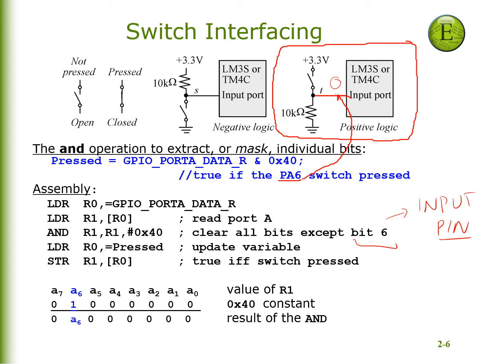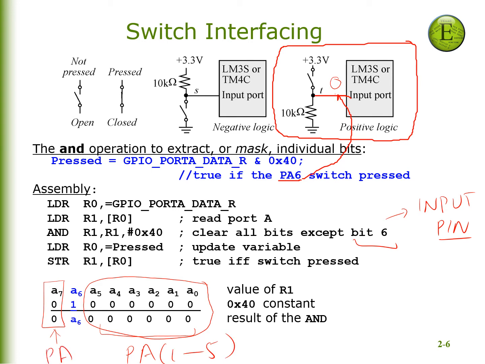Okay, so we are going to use the AND operation to first of all mask all other bits, all other pins, or the data available on all other pins of port A. We're going to mask those values to 0. So all other pin values, that is PA1 to 5 and PA7, are set equal to 0.